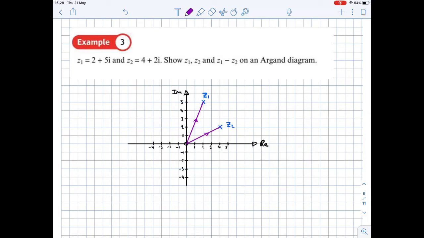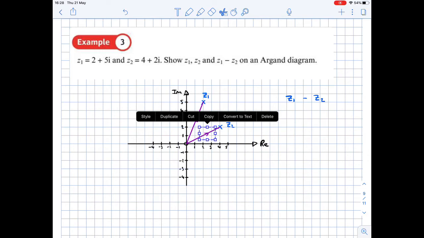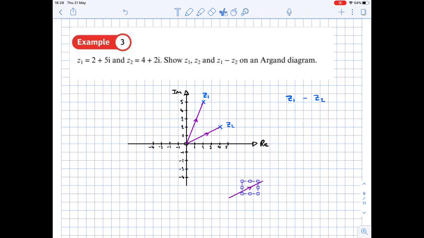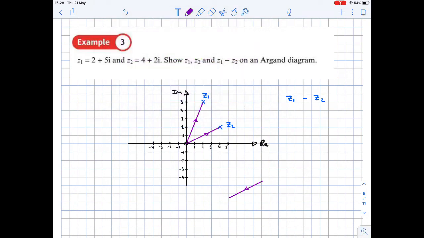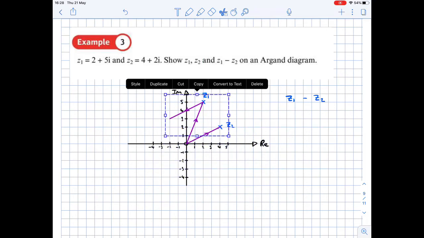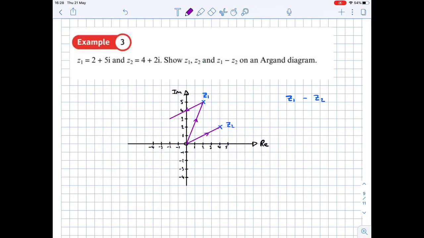Well, we can think of that in a selection of ways. We can think of it as Z1 take away Z2 first of all. So let's think about that as a vector. So if I take the vector Z2, however, you'll notice we're subtracting this time, so that means the direction of the vector changes. So if I add Z1 to Z2, this indicates that we will get to this point here.